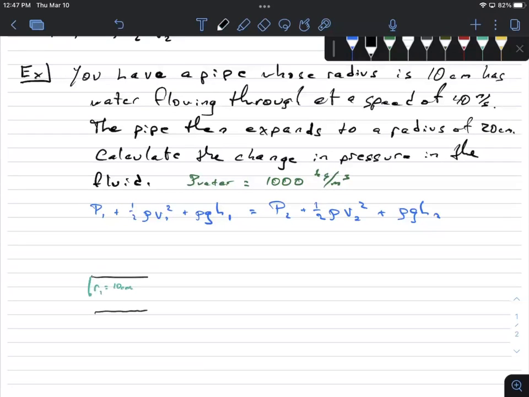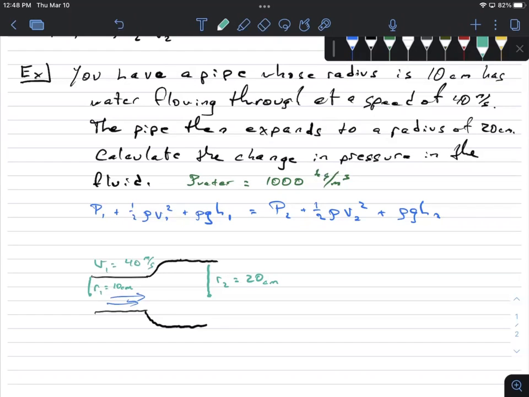And then I'm told the pipe expands, so it gets bigger. So here we go, like this. So now that's the pipe. And I'm told this new radius, R2, is 20 centimeters. And water's flowing through, and I know the velocity of this water in this initial side, V1, is 40 meters per second.